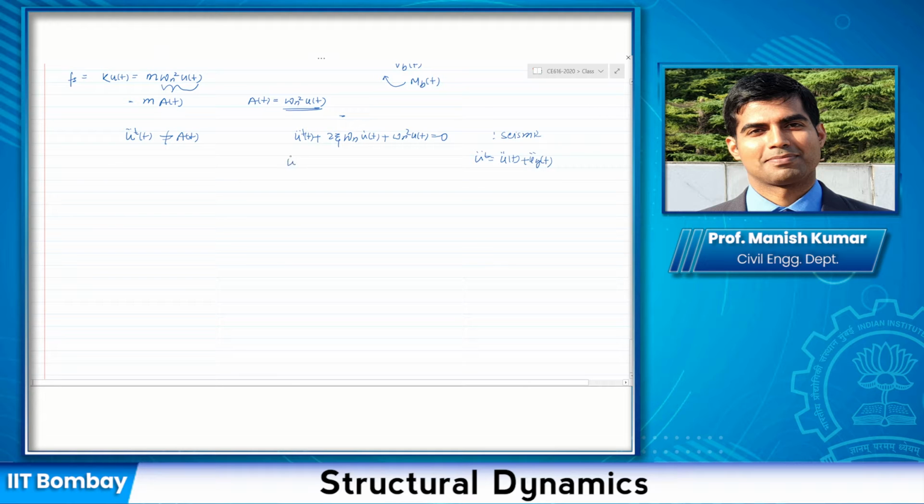So the total acceleration is nothing but minus omega_n squared u(t) minus 2 zeta omega_n u dot(t). So in general, the total acceleration is not equal to this pseudo acceleration, except for the cases where either damping is equal to 0 or the velocity is equal to 0. Okay, is this clear to all of you?